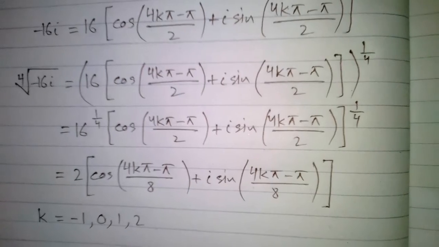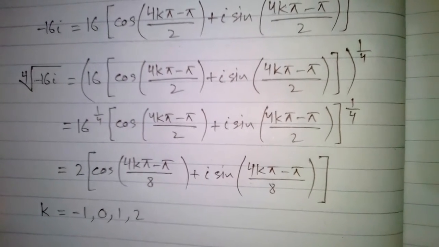So we will get the fourth roots of minus 16 iota. The first fourth root of minus 16 iota will be obtained by putting k is equal to minus 1.